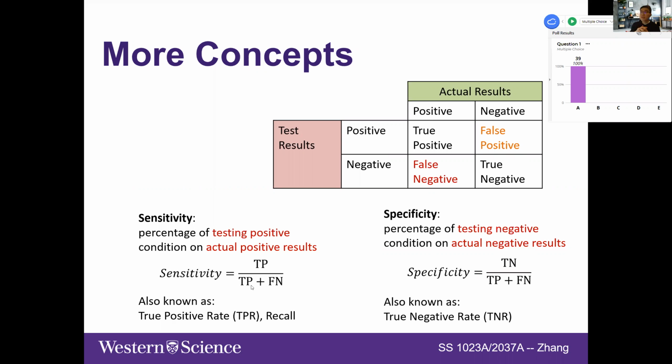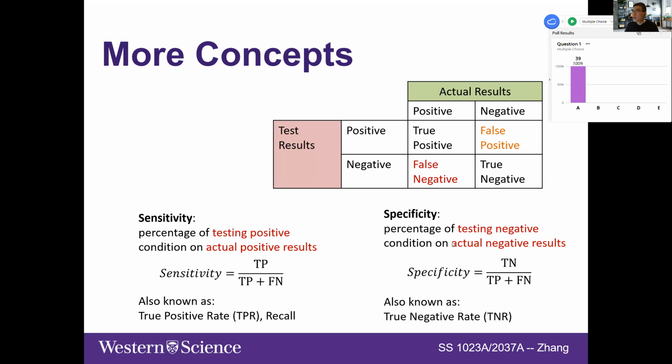And sometimes in the literature, you probably encounter other names like true positive rate or recall, but they are just referring to the sensitivity. And similarly, we could define the specificity, which is the percentage of testing negative conditional on the actual negative results.